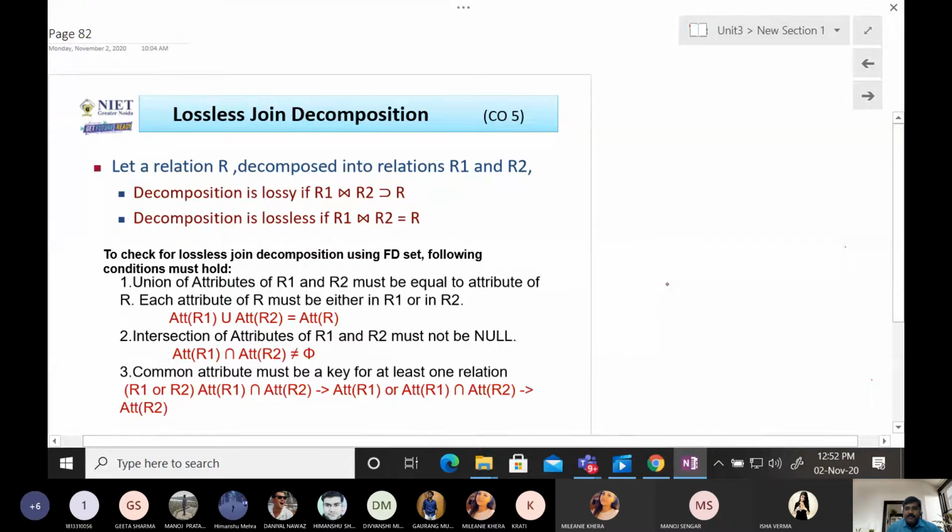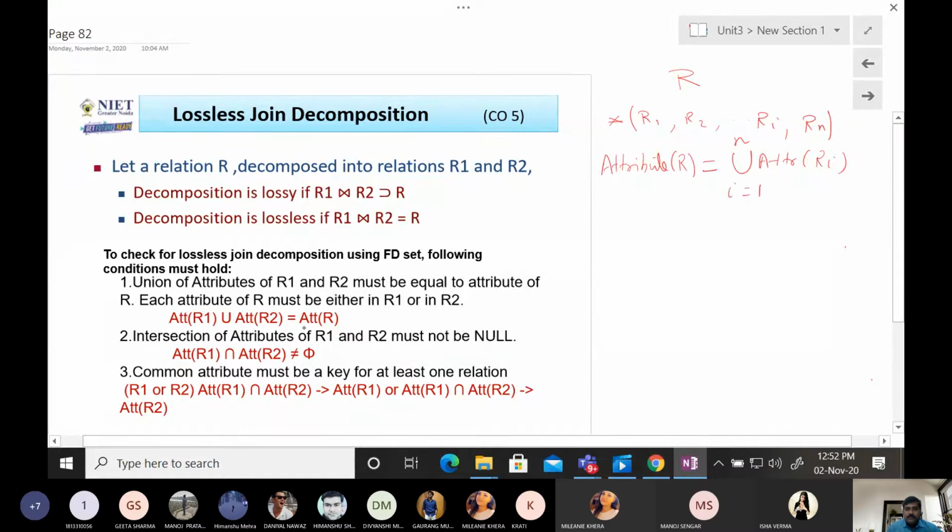Attributes of R1 union attributes of R2 equal to attributes of R. If we decompose any R into n subschemas, then attribute preservation means attributes of R should be equal to the union of attributes of Ri, for i equal to 1 to n.